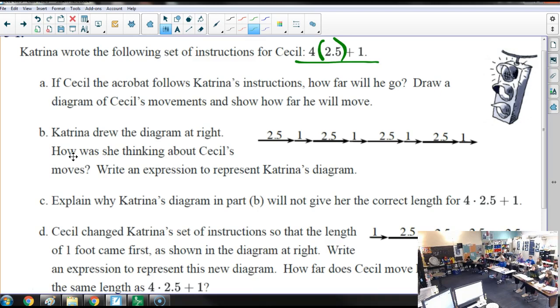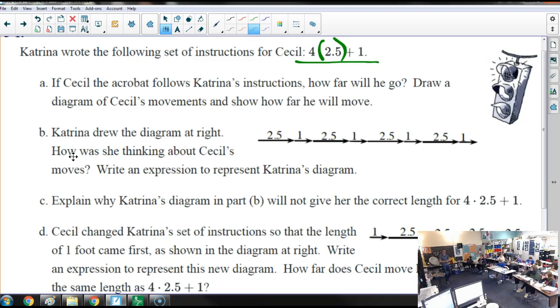So I'll go ahead and tell you, Katrina's diagram is wrong. You right now, on your paper, should be drawing a correct representation of 4 times 2.5 and 1. I was tutoring yesterday, making a huge emphasis on what we write mathematically is just a representation of what we speak.